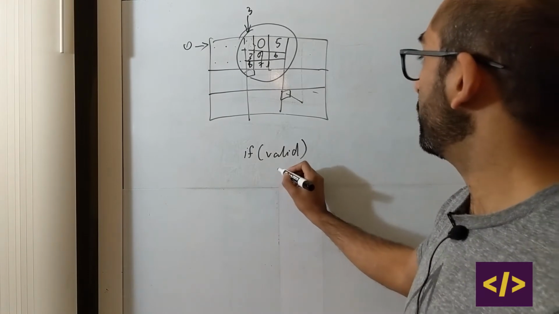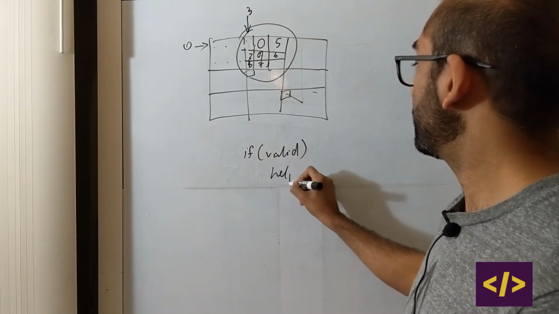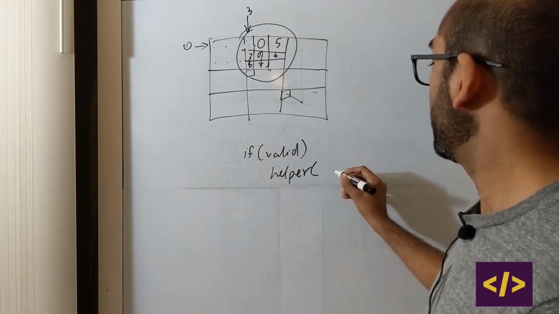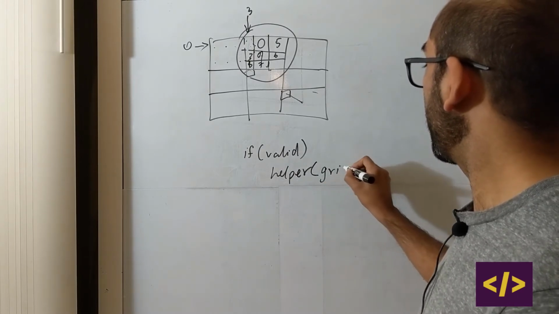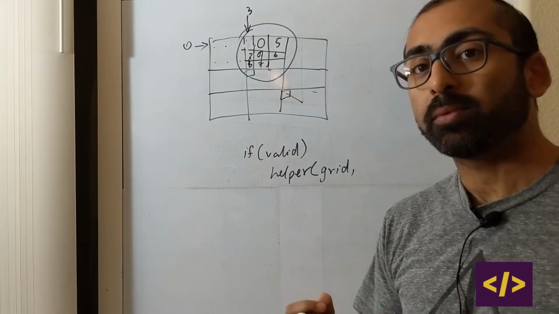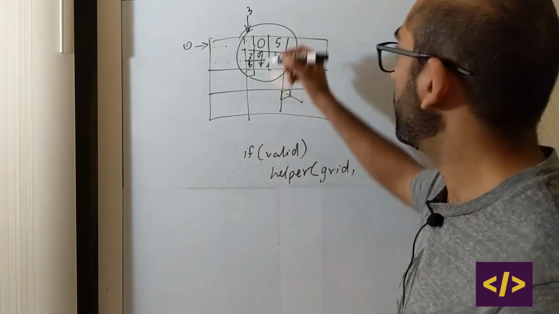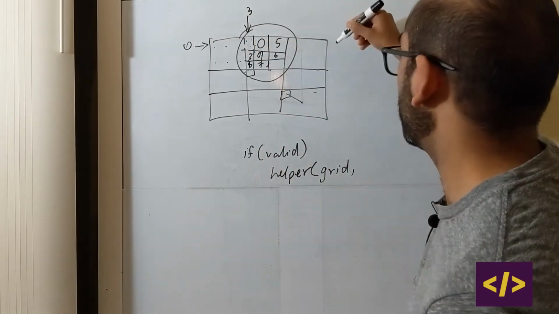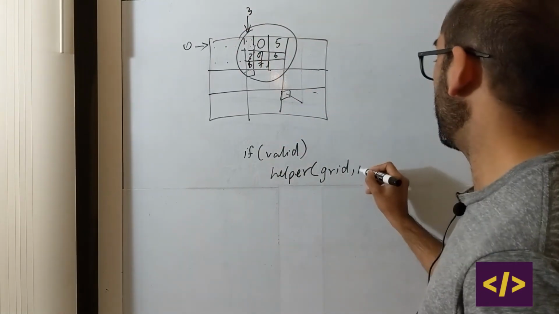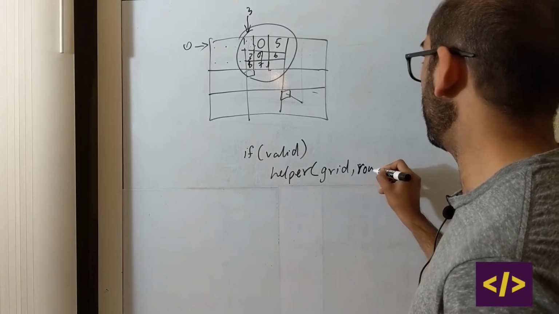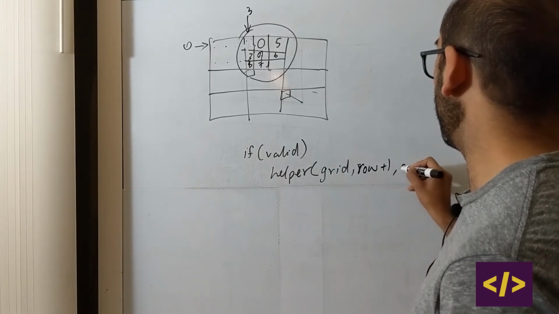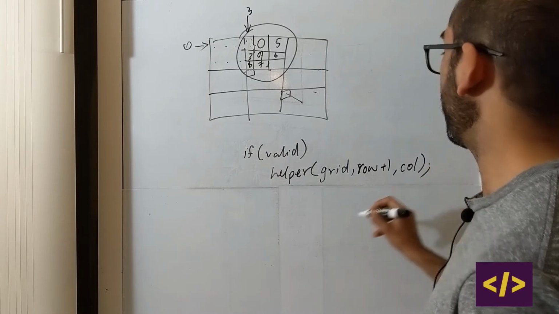Okay, you're going to do the helper function, and you're going to send the grid, and you're going to increment your row number. Okay, so you're going to assume that you're going like this. So you'll do a row plus 1, your column stays the same.